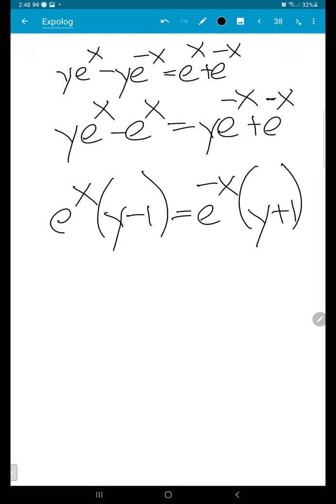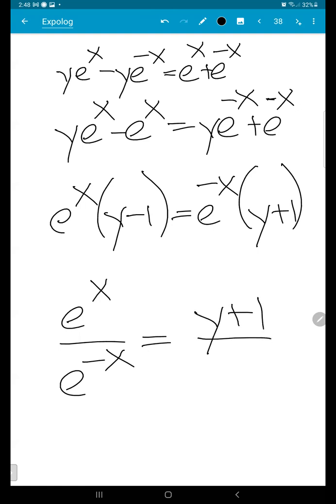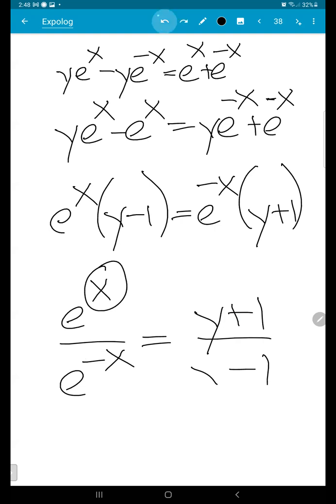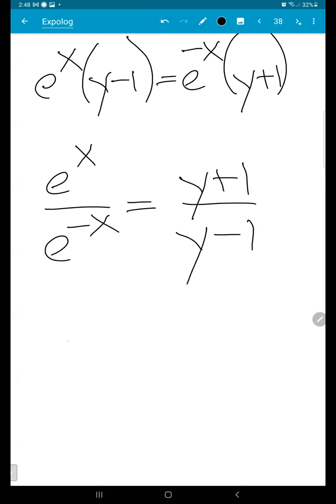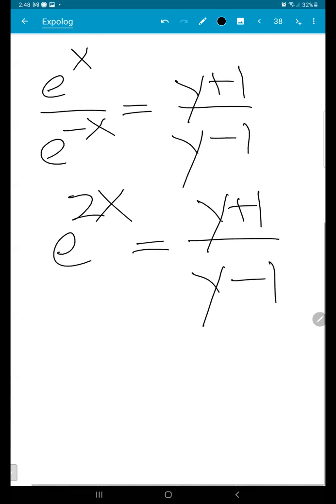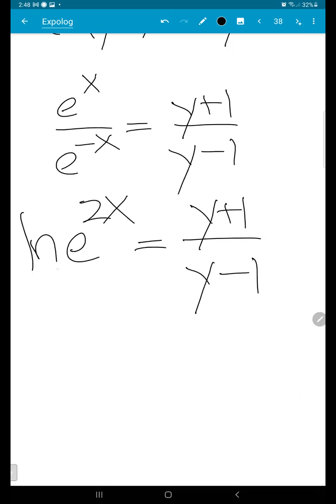And then divide the e to the negative x below here, and y minus 1 here. And then a to the m over a to the n, subtract the exponents, so x minus negative x. Then ln both sides.